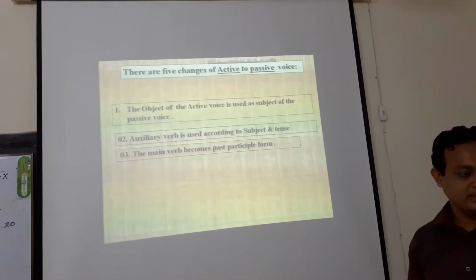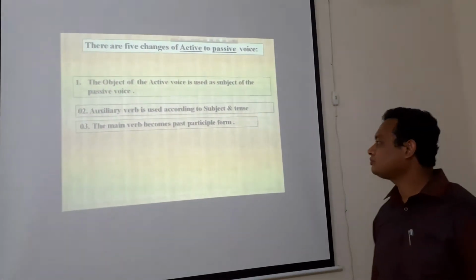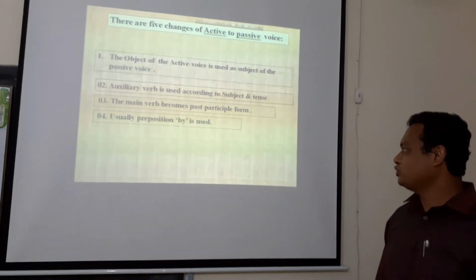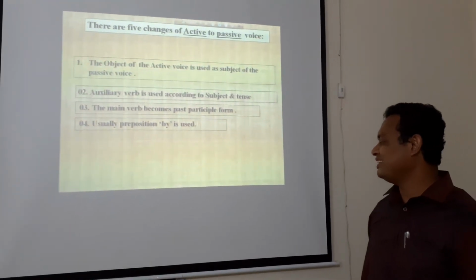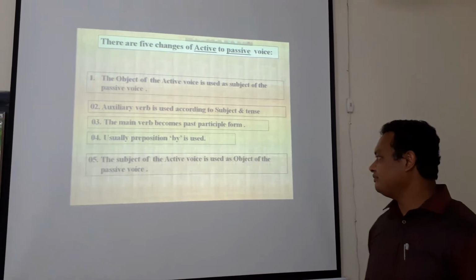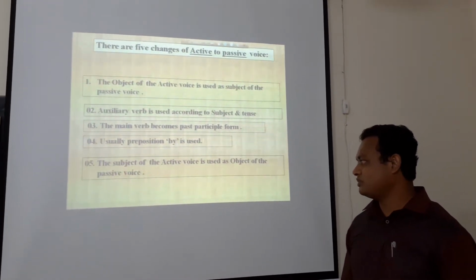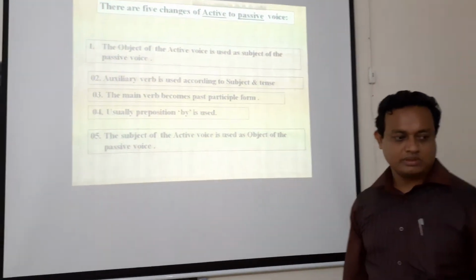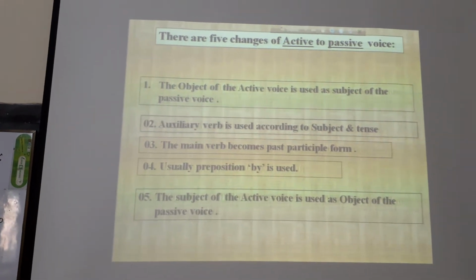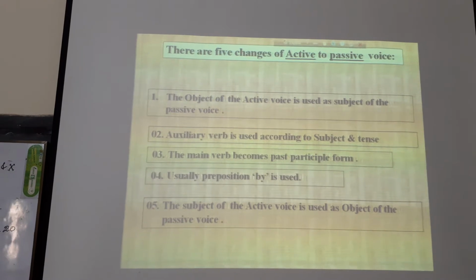Rule 3, the main verb becomes the past participle form. Rule 4, usually the preposition by is used. Rule 5, the subject of the active voice is used as the object of the passive voice. Please remember these 5 rules. You may write them down in your khata.